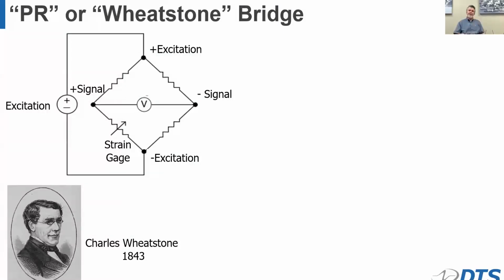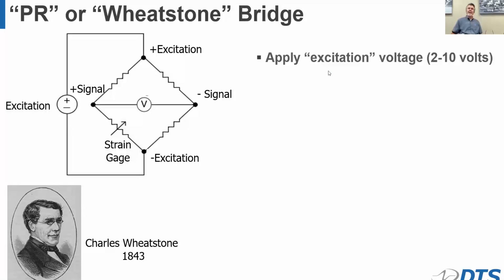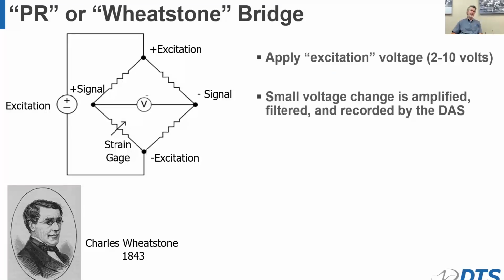Let's start with the most common, often referred to as the Wheatstone Bridge. It's generally attributed to Charles Wheatstone from 1843. There's a lot more information about this in our Principles of Data Acquisition webinar if you want to look at it. But basically, it's 4 resistors put together in a diamond pattern. We apply an excitation signal, and basically we apply any excitation, generally between 2 and 10 volts.